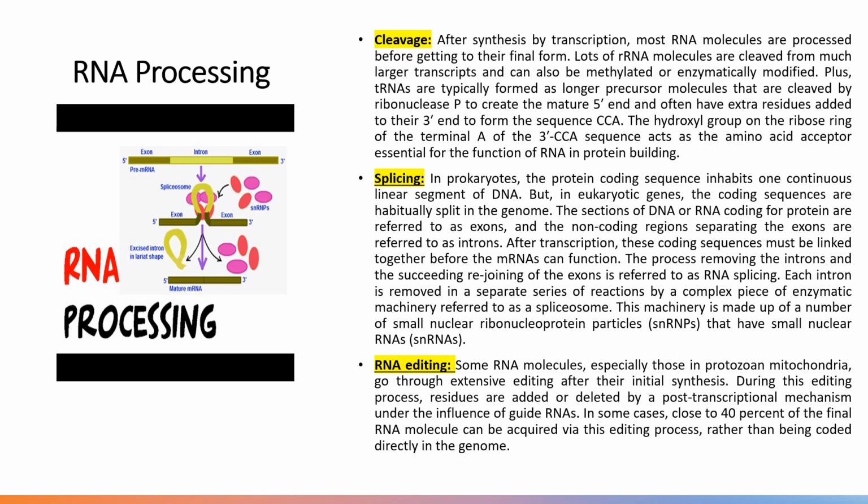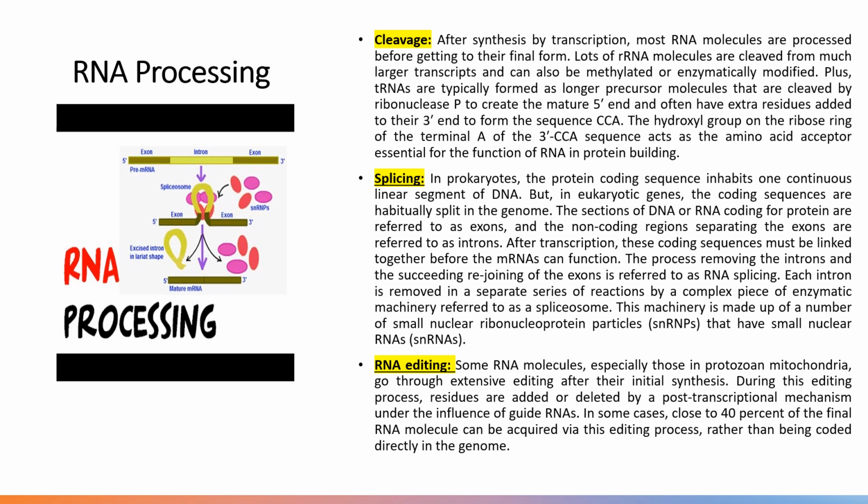After transcription, these coding sequences must be linked together before the mRNAs are able to function. The process of removing the introns and the subsequent rejoining of the exons is referred to as RNA splicing.